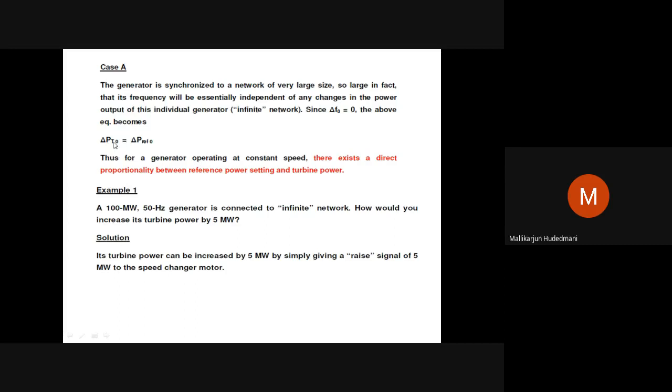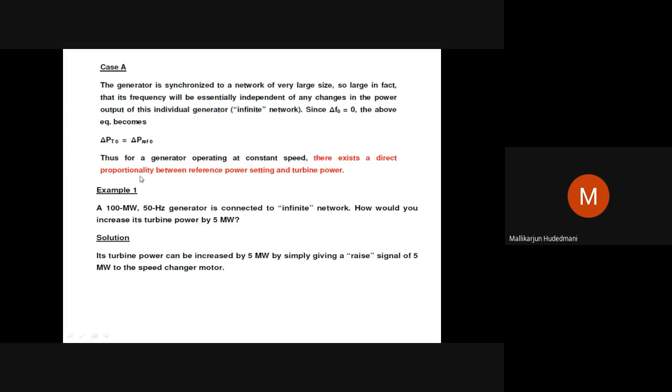It means if the generator is assumed to be 10 megawatt, there is no frequency deviation at all. It is infinite in energy. Therefore, whatever change in power you apply, change in mechanical input, there is no droop required here. It means the infinite network you are connecting is able to meet your requirement. There is a statement called a generator operating at constant speed.